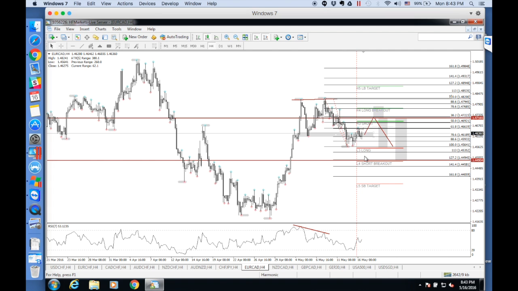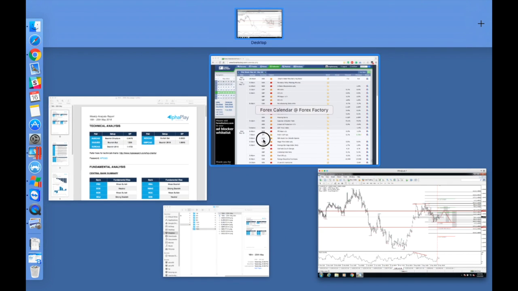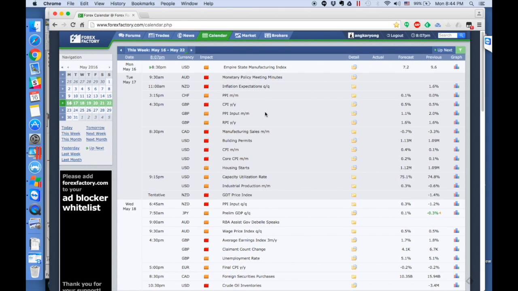Okay, let me walk you through what's going to happen this week. The first thing you want to know is Monday is very quiet. When Monday is quiet, it's very common, because usually news doesn't come in on Monday. Then you look at Tuesday. In the morning you have the Australian monetary policy meeting.